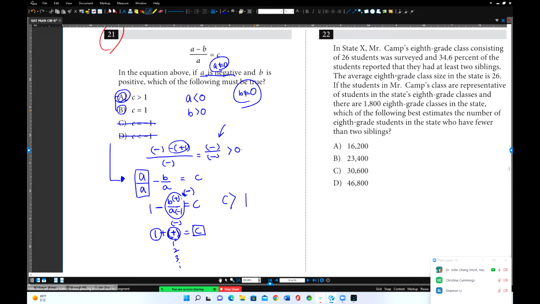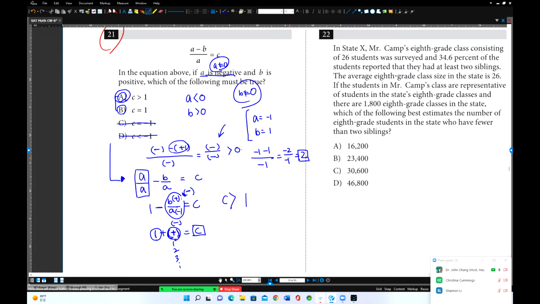Let's plug in small numbers: A equals negative 1, and B is positive, B equals positive 1. Try this one. A is negative 1, B is positive 1, so negative 1 minus 1 is negative 2, divided by negative 1 is 2, isn't it?